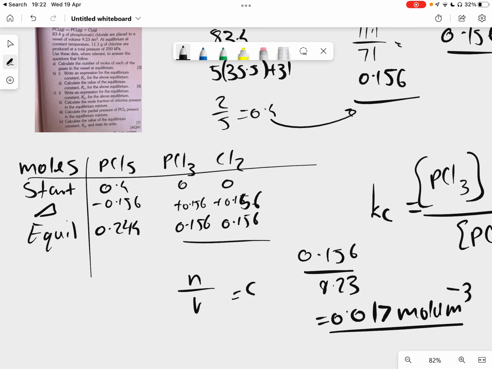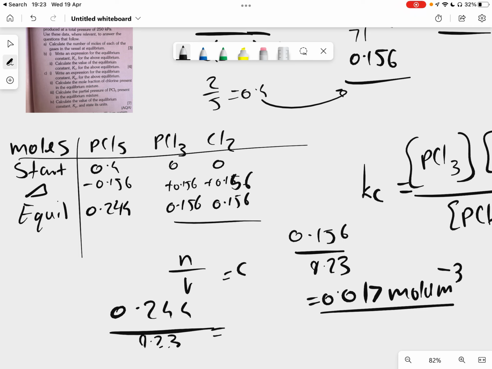So that's for PCl3 and Cl2. Now for PCl5, it's going to be 0.244 divided by 9.23, which is equal to 0.026 mole per decimeter cubed.